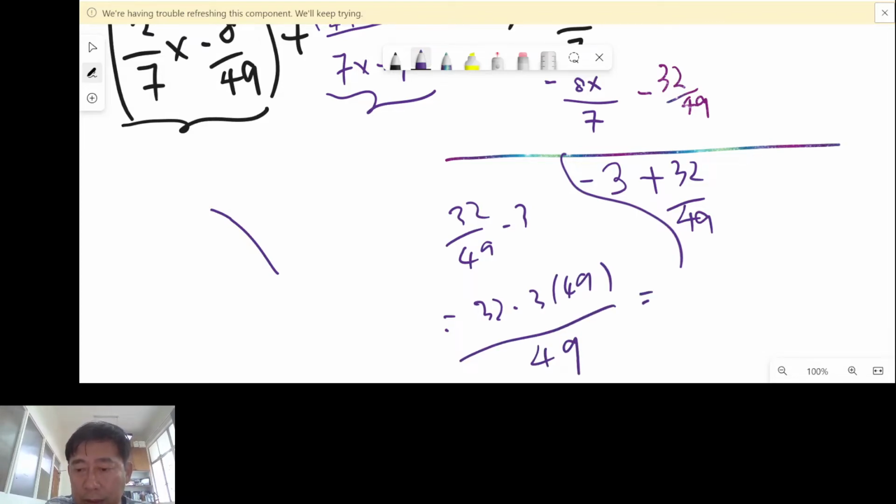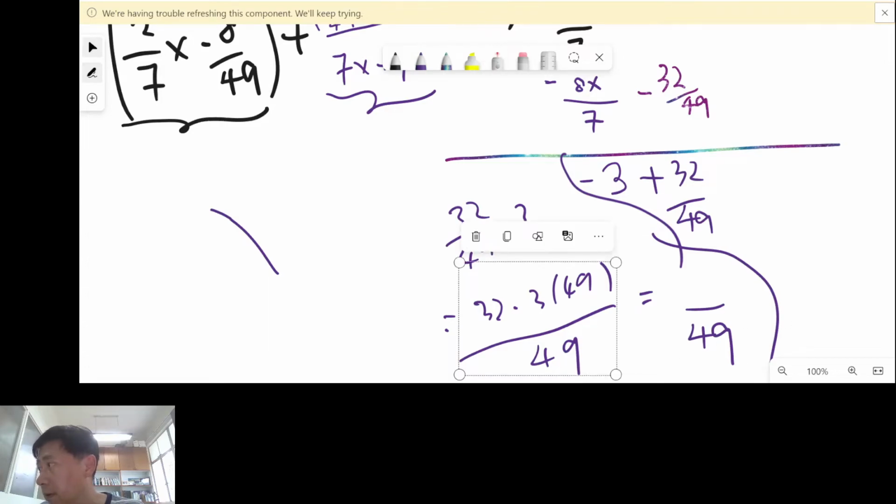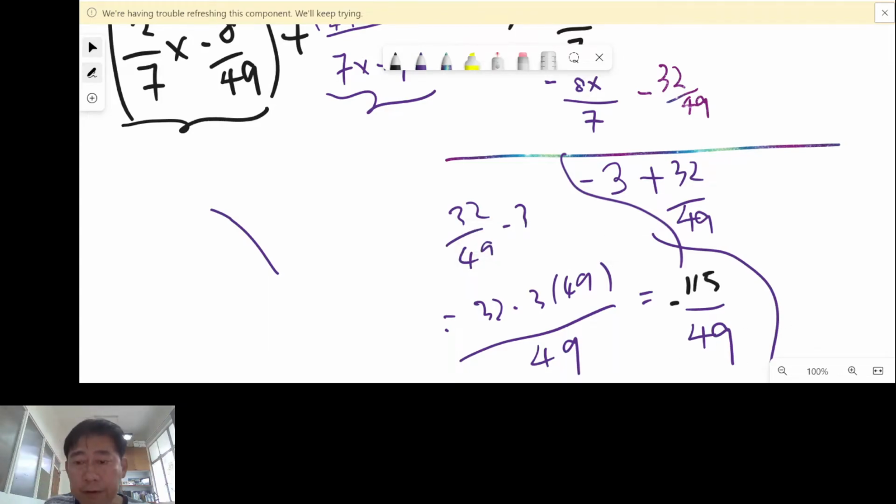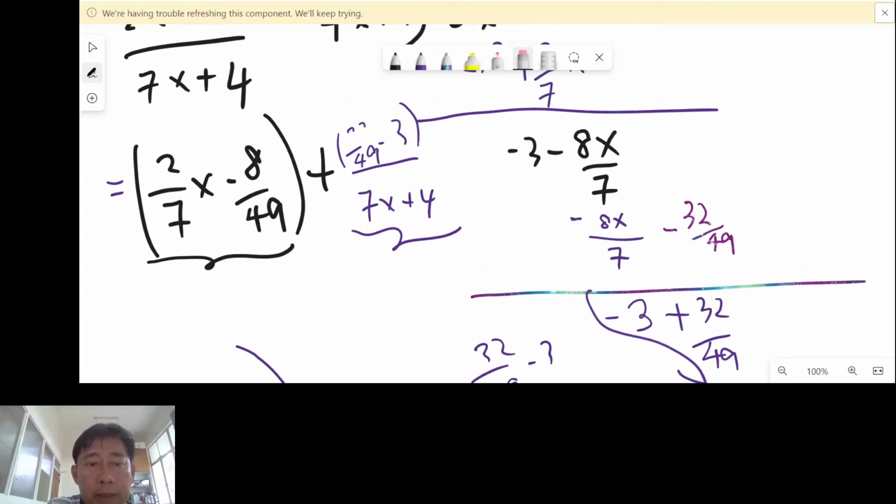So I'm not sure what it is, but you can work it out for yourself. It would be a number which is 49 in the below, and this is 32 minus 49. I have just finished pressing my calculator and worked out that this indeed is minus 115. Therefore, this is a number of minus 115.